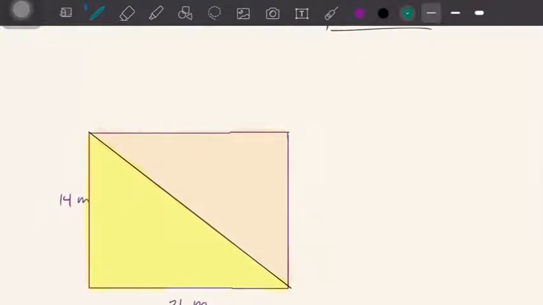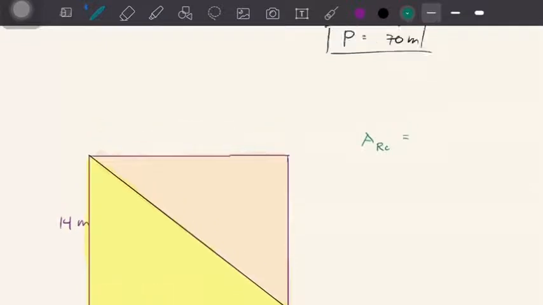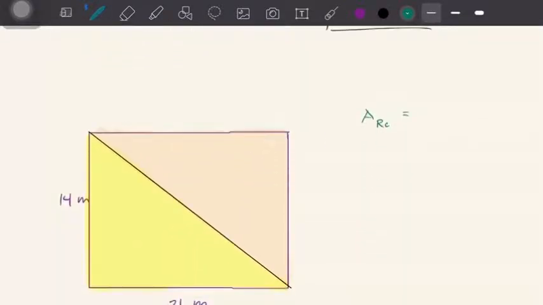Again, when we were talking about the area of the quadrilateral, let's just make it rectangle, or C. The area of the rectangle was equal to 294 meters square.